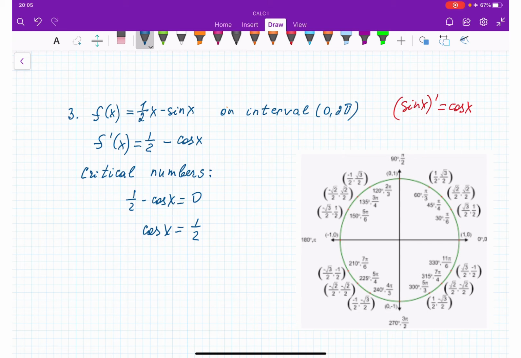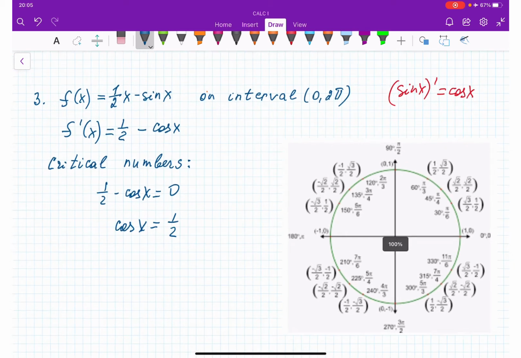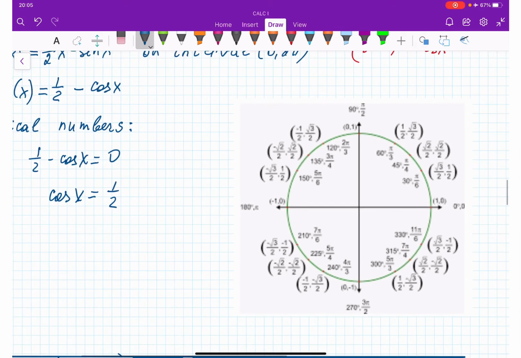So looking at the unit circle, the coordinate that you see in parentheses: the first coordinate is cosine x, which on the other graph is represented as x, and sine x is y.